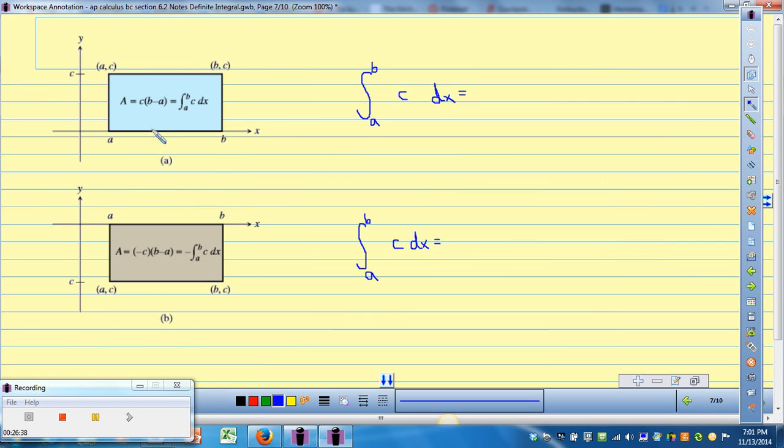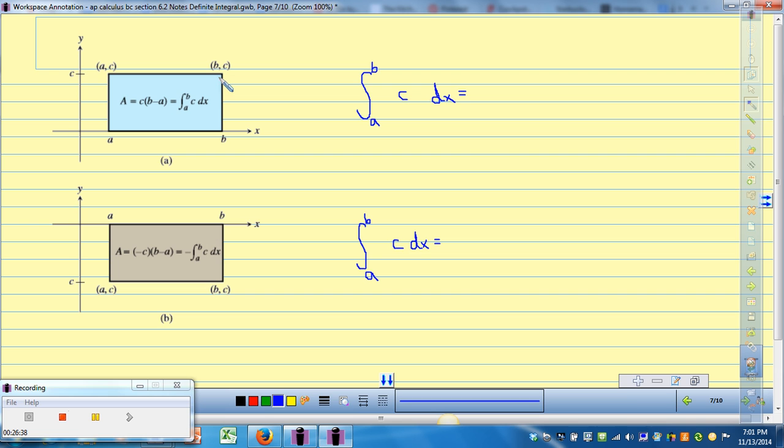All right. The last thing I want to talk about is if we have a constant function. So if you see on this one we have the definite integral from a to b of c dx. Well, c is just some constant, and if we were to graph a constant, it's just a horizontal line.